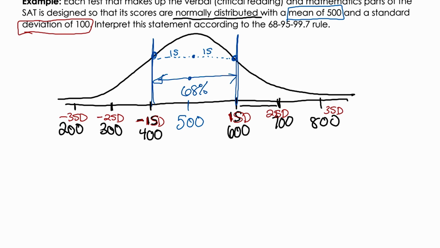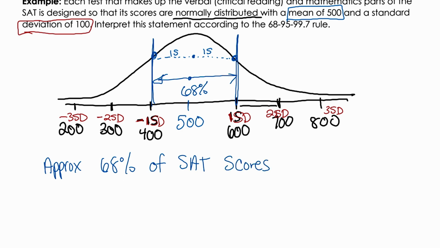So we're going to write down, according to the rule, approximately 68% of SAT scores lies between 400 and 600.